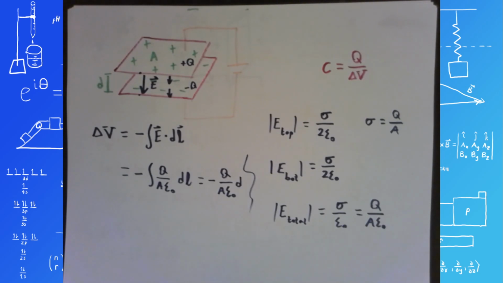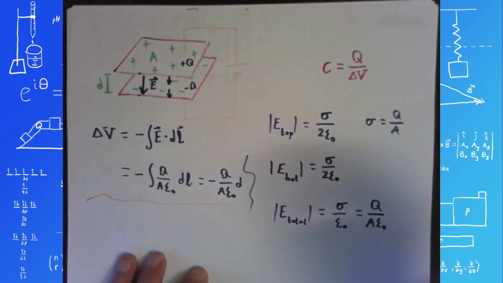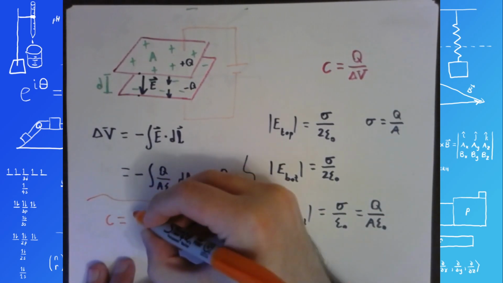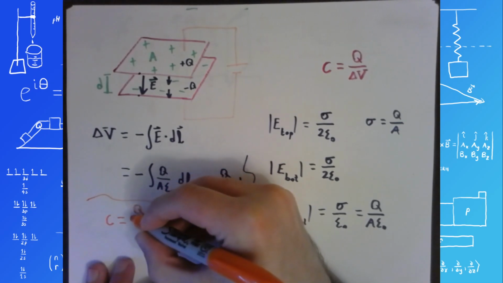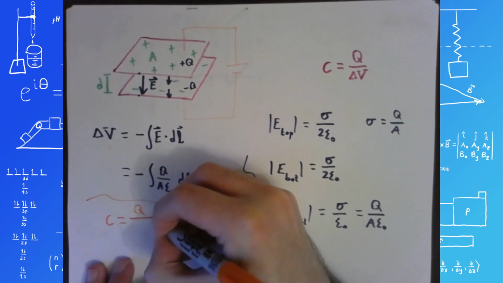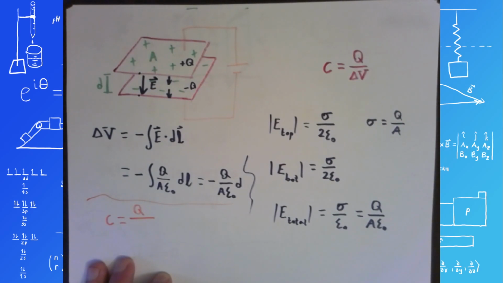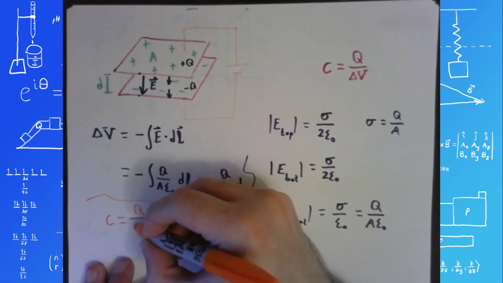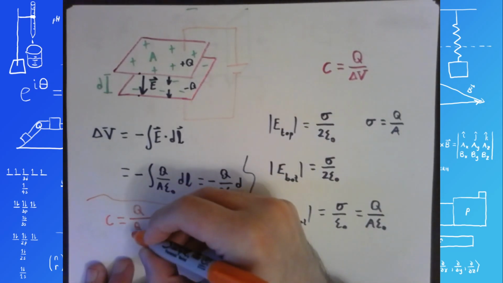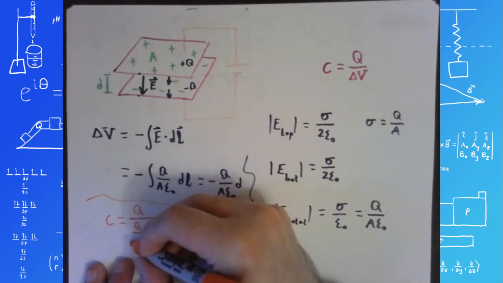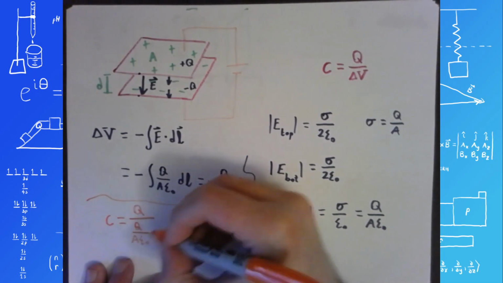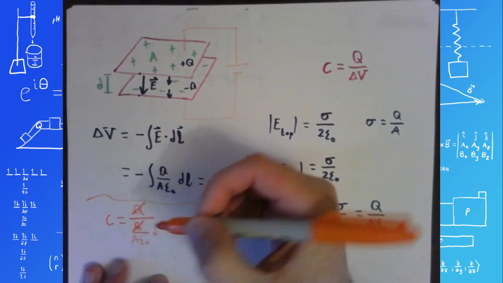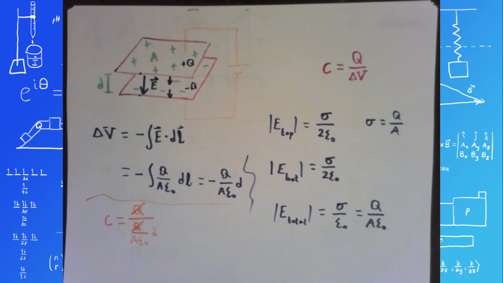So to calculate the capacitance, finally, we just do capacitance equals total magnitude of charge separated over the change in voltage required to separate that charge, which we now know has a magnitude of Q over A epsilon naught times D. The amount of charge separated cancels out, so it doesn't even matter.